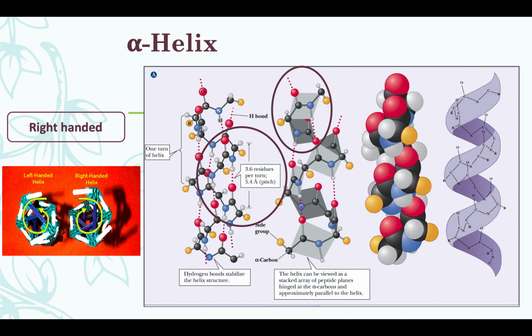Pitch here corresponds to the linear distance between corresponding points on successive turns. And all R groups point outward from the helix because there is not enough room for them in the interior.